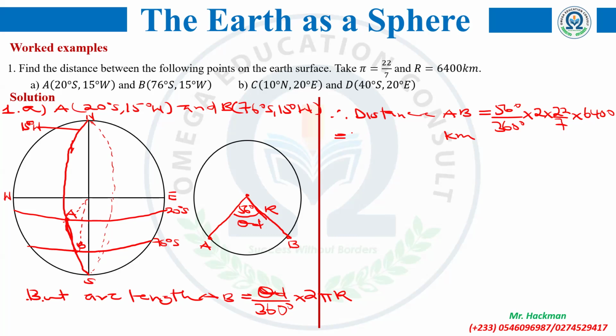Is it exact? No, 77. But I told you when you are approximating, your first approximation should be how many DPs.